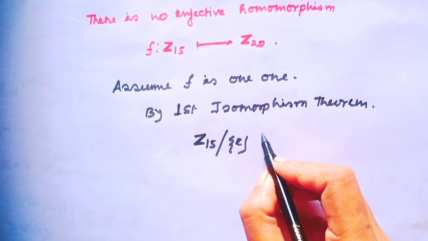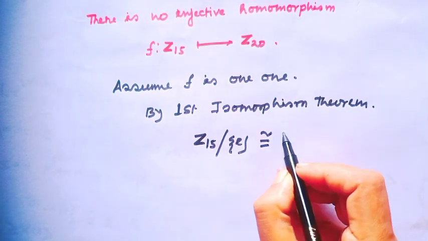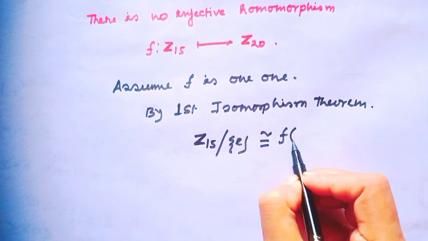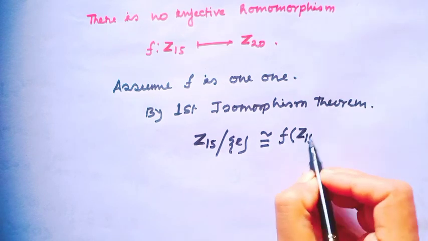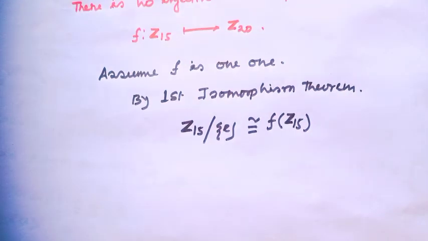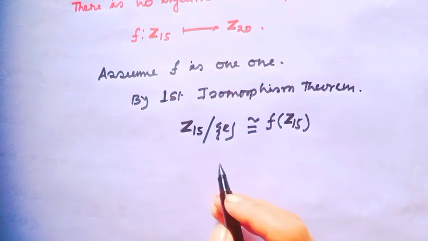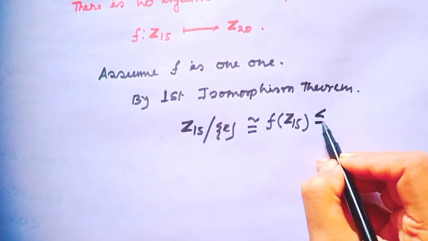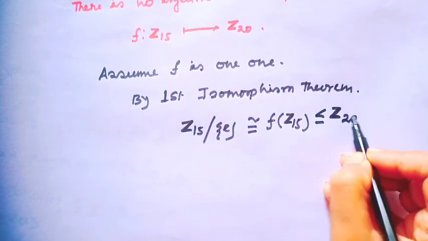And by the first isomorphism theorem, this is isomorphic to f(Z15). And remember, the image of a homomorphism is always a subgroup of the codomain. So this is a subgroup of Z20.